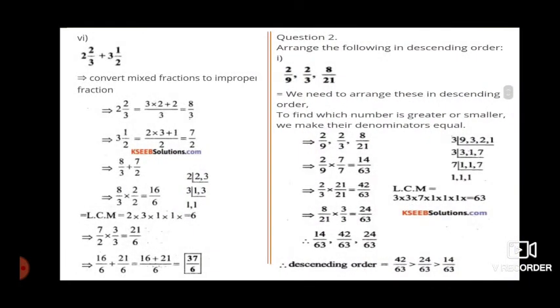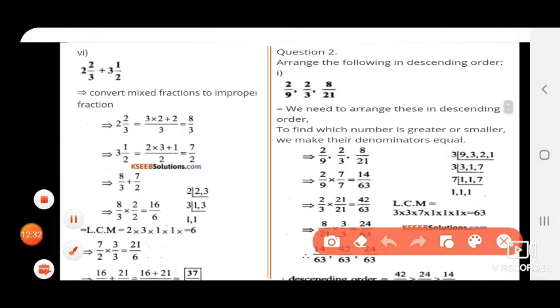next sum, 2 by 3 plus 3 1 by 2. Here we can observe, children, that 2 by 3 is one of the mixed fractions and 3 1 by 2 is one of the mixed fractions. So first we have to convert them into improper fractions. As you know already, what is the formula? Denominator into whole number plus numerator.